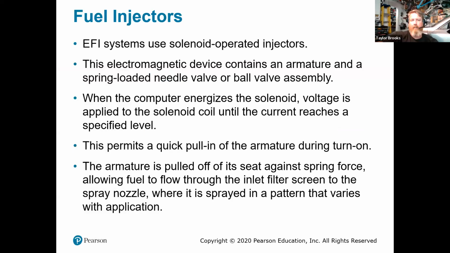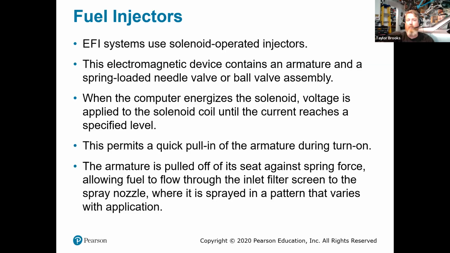Now, our fuel injectors themselves are going to be a solenoid. We're going to have that copper winding coil pack around the pintle that allows the fuel to go into the injection portion. That also allows for really fast operation and movement. Fuel injectors operate at a much faster rate than a carburetor, which is vacuum controlled, would be able to.